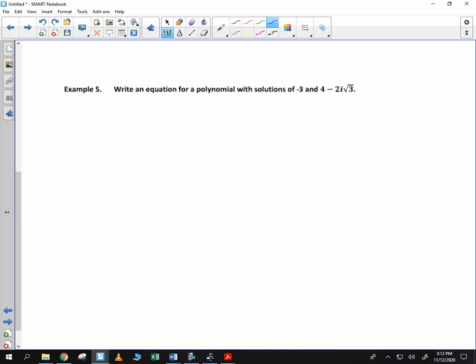And our last example. Write an equation for a polynomial with solutions negative 3 and 4 minus 2i roots of 3. If 4 minus 2i roots of 3 is a solution, so is 4 plus 2i roots of 3. This example takes a while. It's not difficult. It's just we have to be patient. X minus negative 3, which can be written as x plus 3. X minus parentheses 4 plus 2i roots of 3.